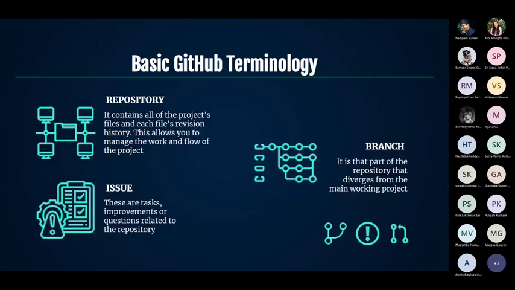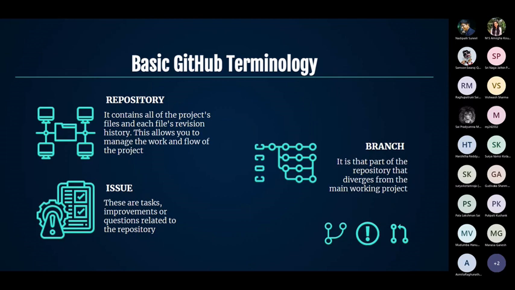So this is known as creating a branch. So if you see here, a branch. So I'll just explain what's a repository and a branch before we proceed ahead, because these are very basic and important terminology when it comes to all version control systems, not just Git or GitHub. Any version control system, you'll always hear the words repository and branch. So before we proceed ahead, a repository is a place that basically contains all of your project files. So we kept saying that version control systems help you control the versions of your software code or projects.